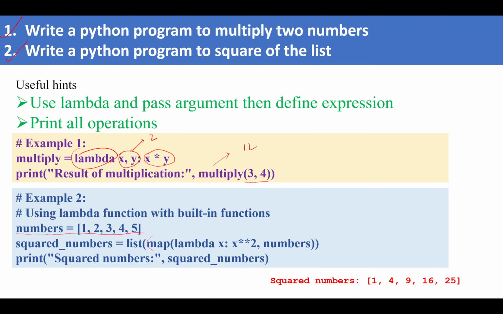First I am using the map function. The map function with lambda takes a single argument, and we take the variable x and square this number by this expression.